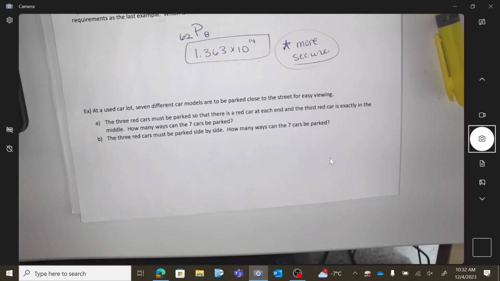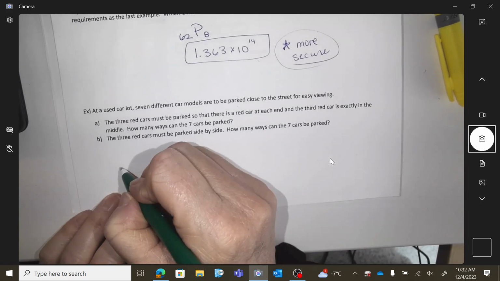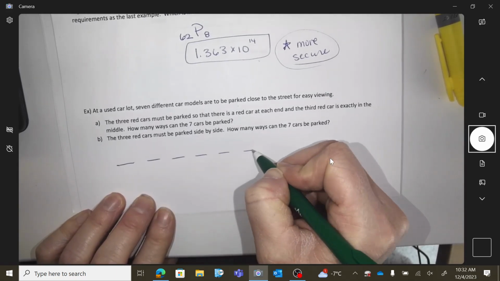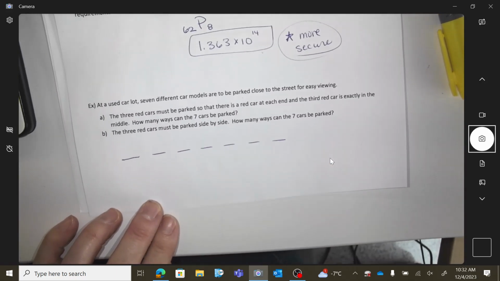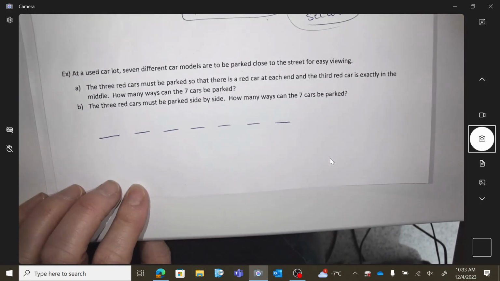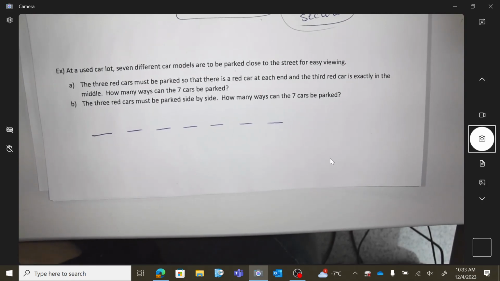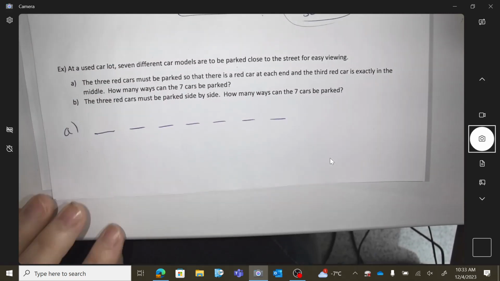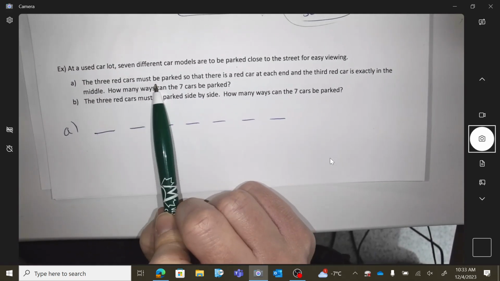Okay, a used car lot. 7 different car models are parked on the street for viewing. Okay, there's my 7 cars. Okay, question A. There's 3 red cars.